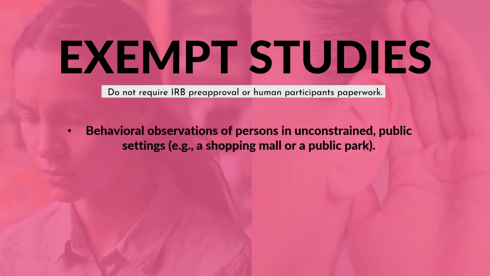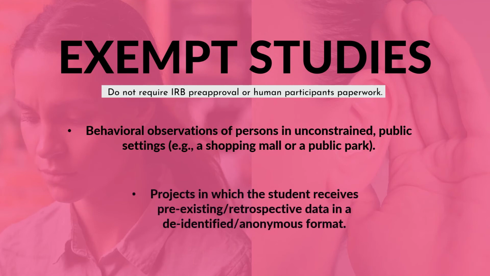Then, studies in which the researcher does not interact with the subjects being watched and does not capture any personally identifiable data. Lastly, projects in which a student obtains pre-existing retrospective data in a de-identified anonymous format are also exempted and will not require IRB pre-approval.